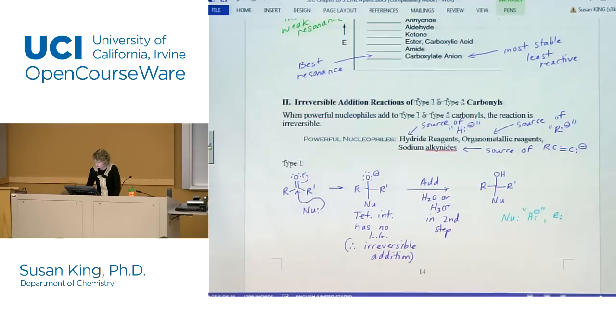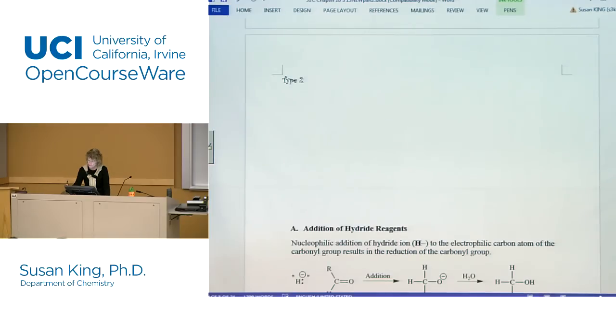These are all things that can't be leaving groups, and certainly sodium alkanides. What's the pK of the conjugate acid of the sodium alkanide? Remember what that was? That was one of the ones rounded to the nearest 5. 25. So it's not going to leave. That's what these all have in common. That's a typical reaction with a type 1, and then we're going to a typical reaction with a type 2 on the next page.